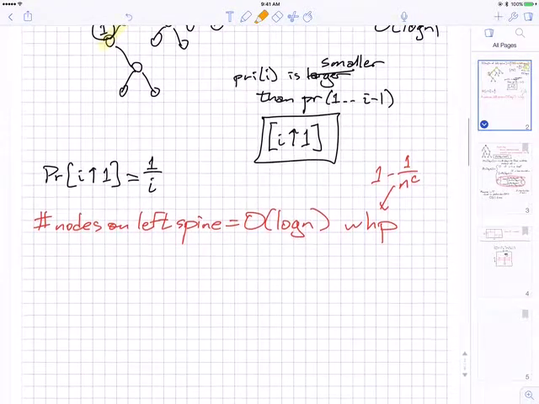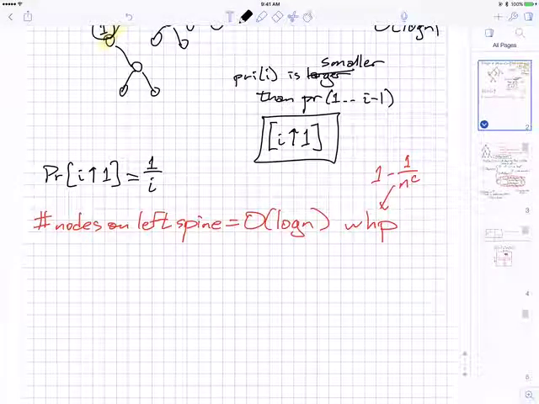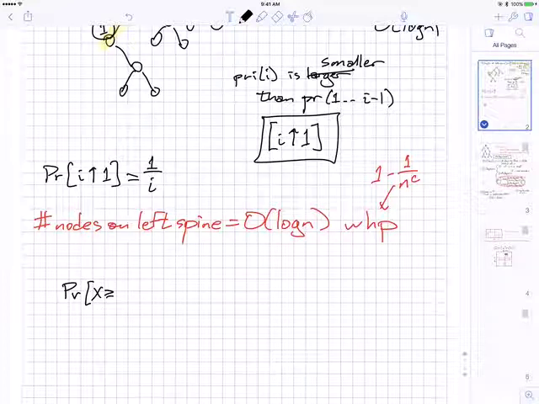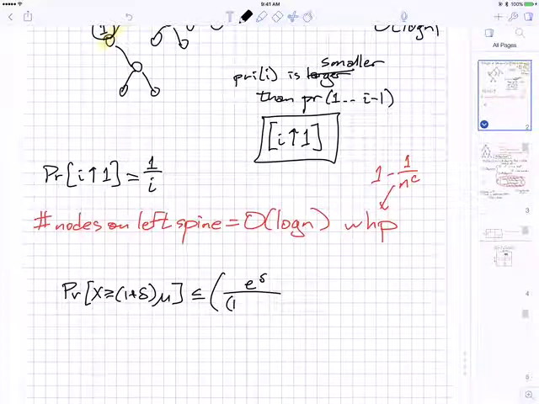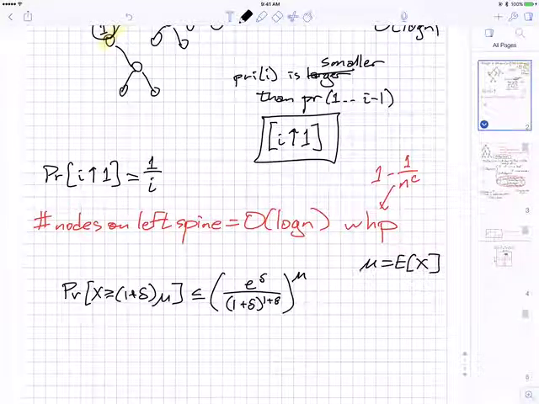Because I look on the back page of the exam, or on my cheat sheet, and I notice this bizarre expression that says the probability that X is at least 1 plus delta times the expected value mu is at most (e to the delta over 1 plus delta to the 1 plus delta) all to the mu, where mu is the expected value of this variable X. And delta is just some parameter that I want to throw in. Notice I said this is on the back page of the exam.